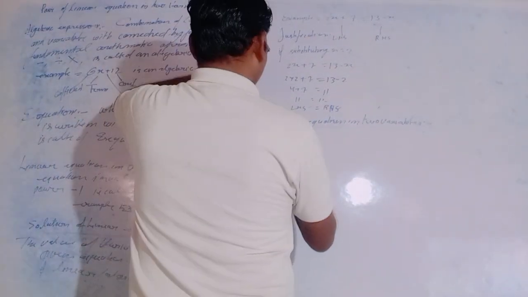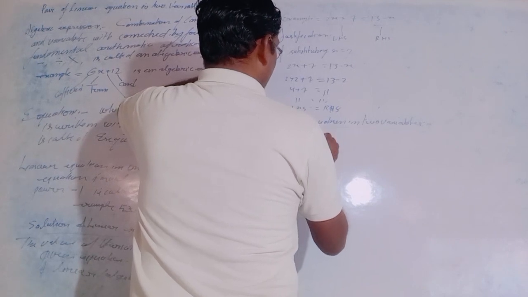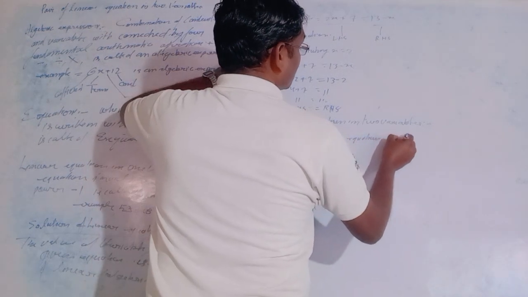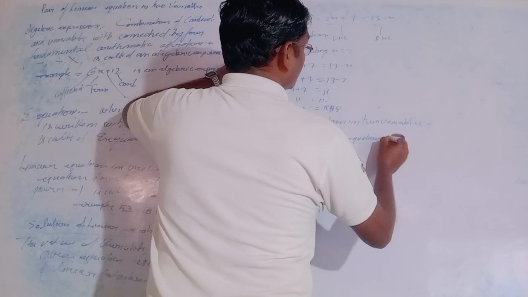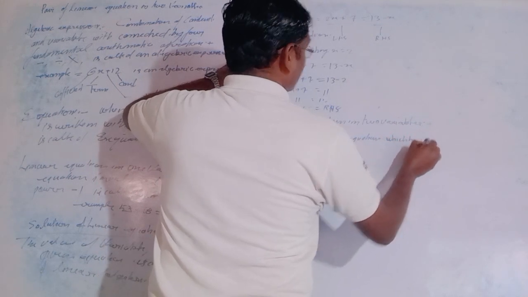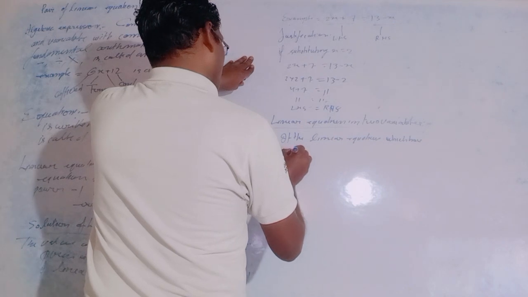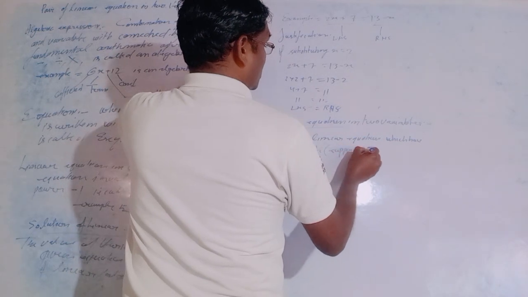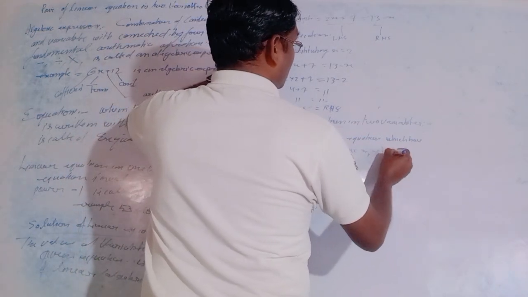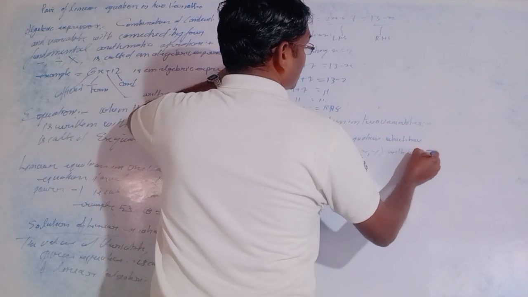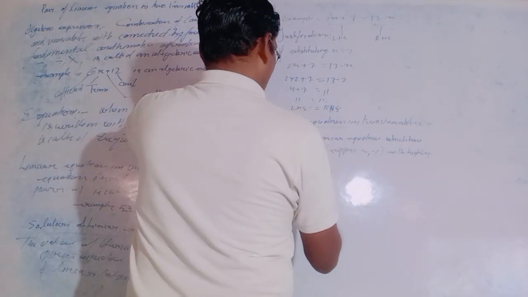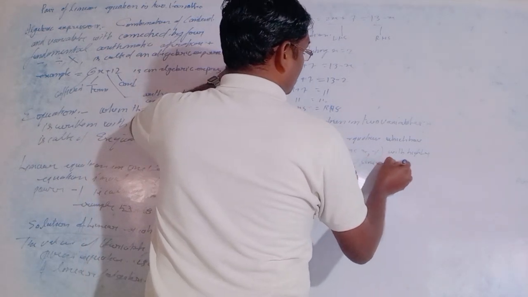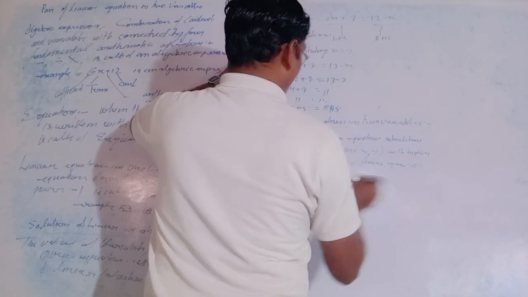Generally, a linear equation which has two variables, suppose x and y, with highest power 1, is called a linear equation in two variables.